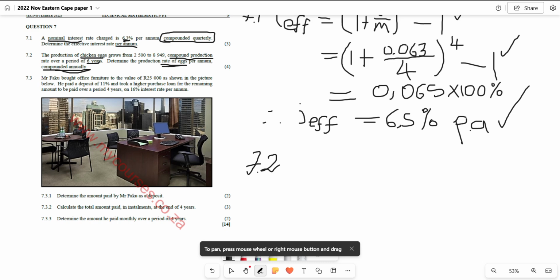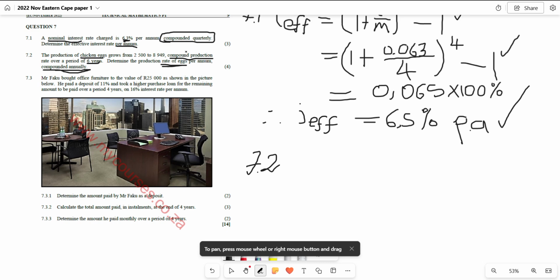The compound interest formula can also be used under real life situations. It can also be used under population growth. It can also be used, as they have indicated here, under production of chicken eggs. Therefore, there are many instances under real life situations where the compound formula can be used.